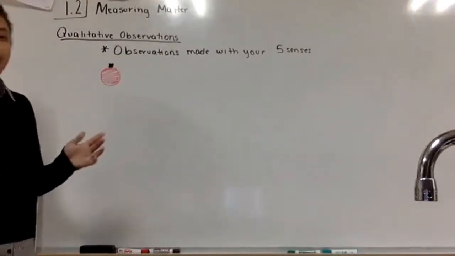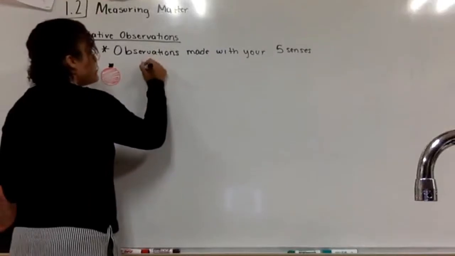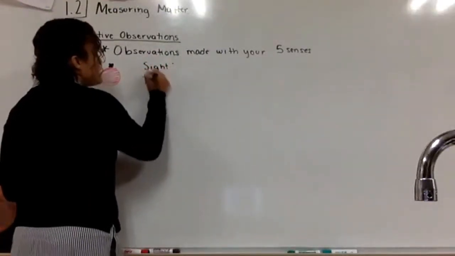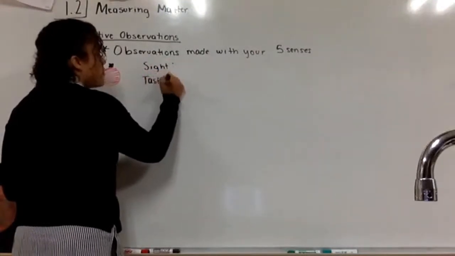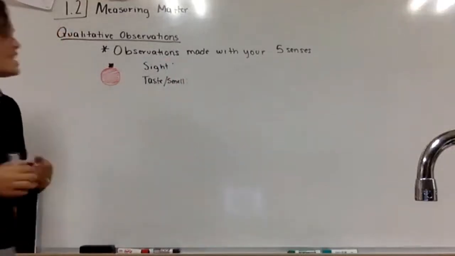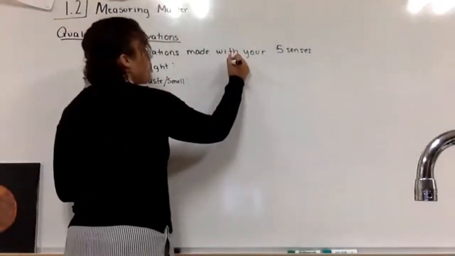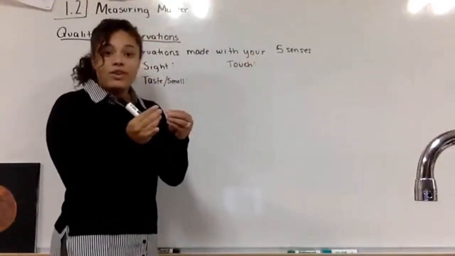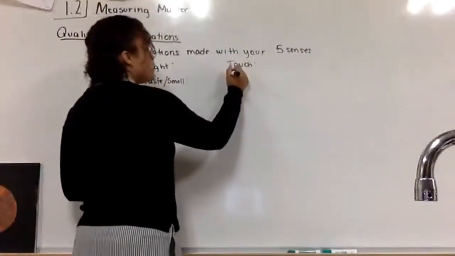So when we talk about our 5 senses, we know that we have sight, we have taste, or smell, because those often go together. What you smell is often a similar thing to what you taste. We also have our touch, things that we can feel with our hands, and we also have our hearing.